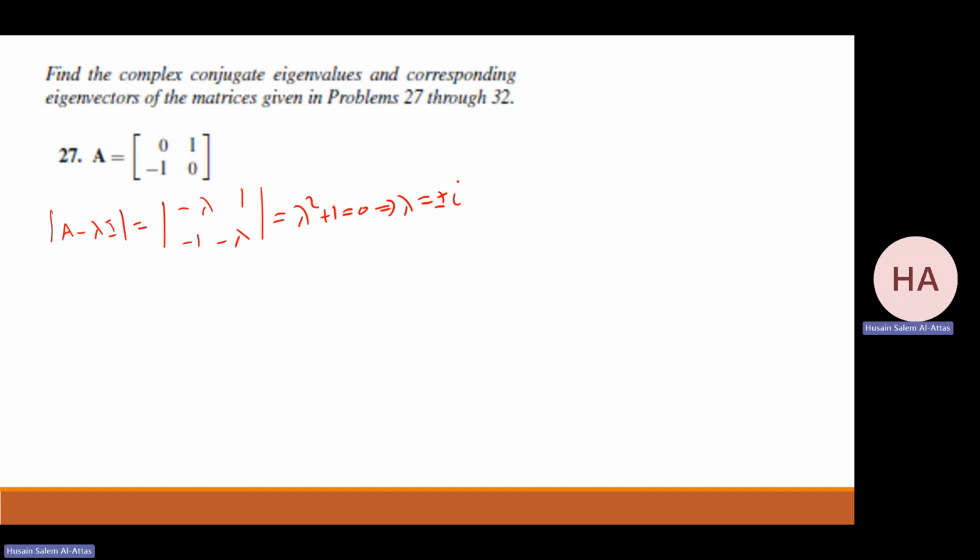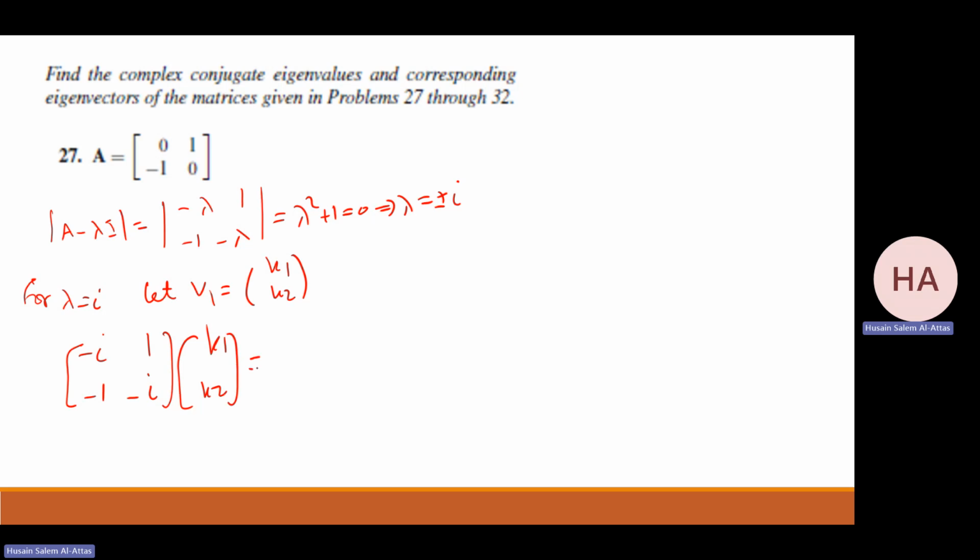So now for lambda equal i, we'll let V1 be K1, K2. What will happen? I have minus i, 1, minus 1, minus i, times K1, K2 equals 0, 0.